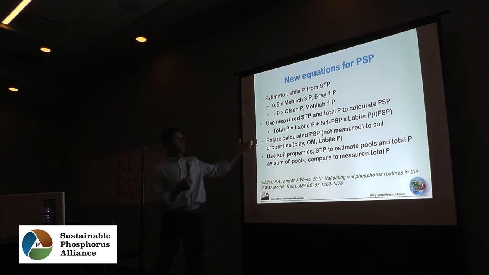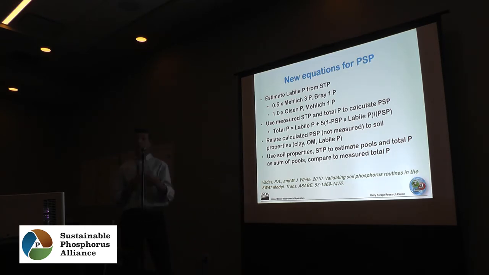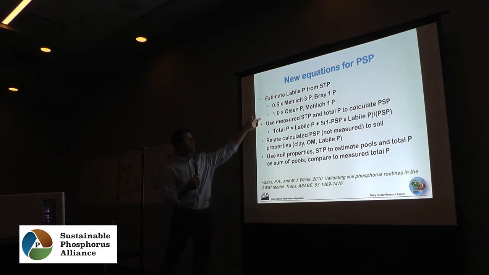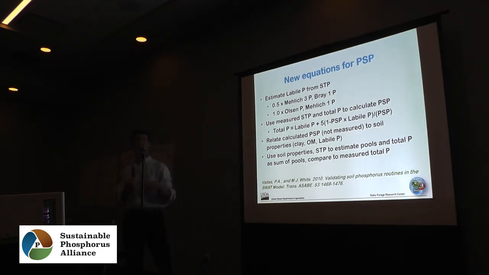So since we're underestimating this, what we said is, what if we didn't just experimentally measure PSP? What if we estimated labile P and then calculated what PSP would need to be to exactly predict what we measured in total P, which is what we did.